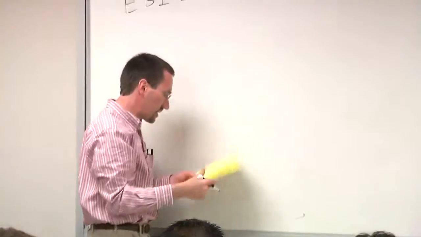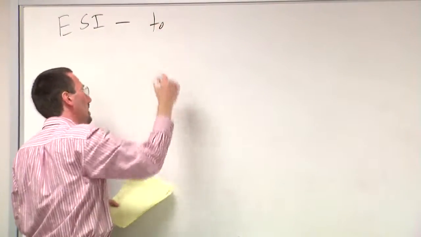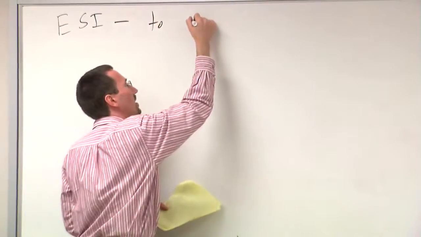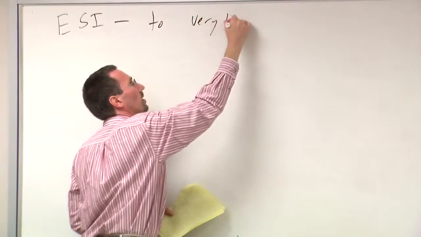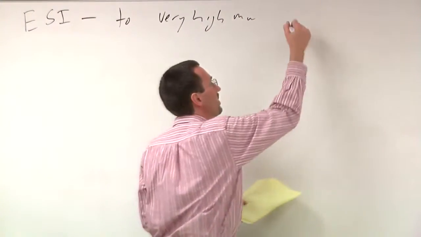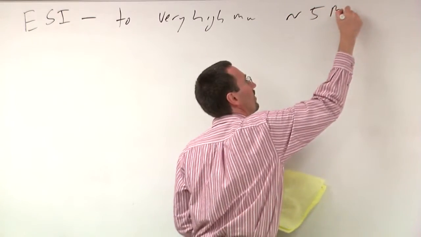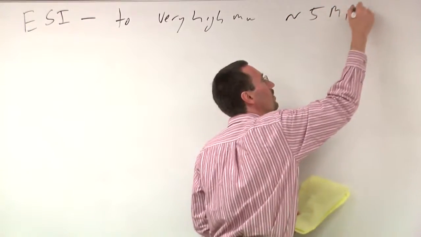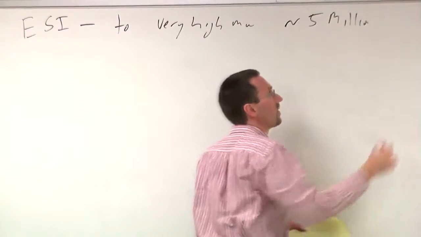ESI now is a lot easier to care for. It goes up to very high molecular weight, I'll say maybe 5 million, but basically just very, very large.